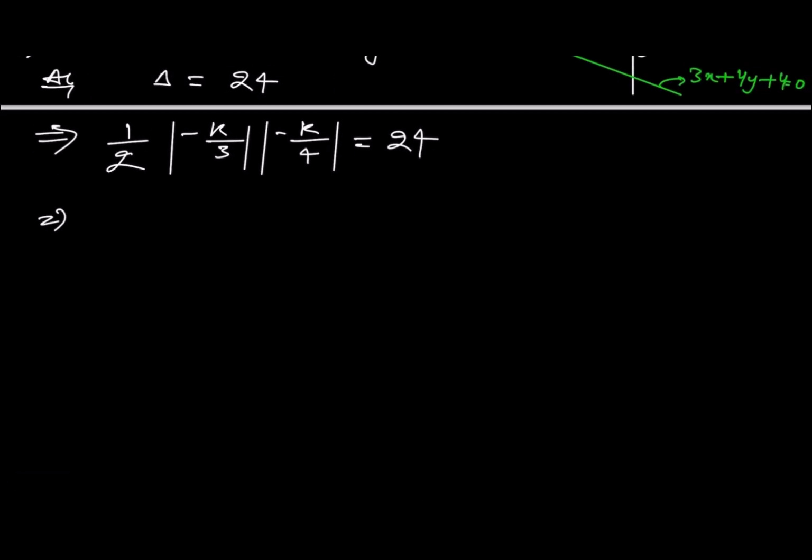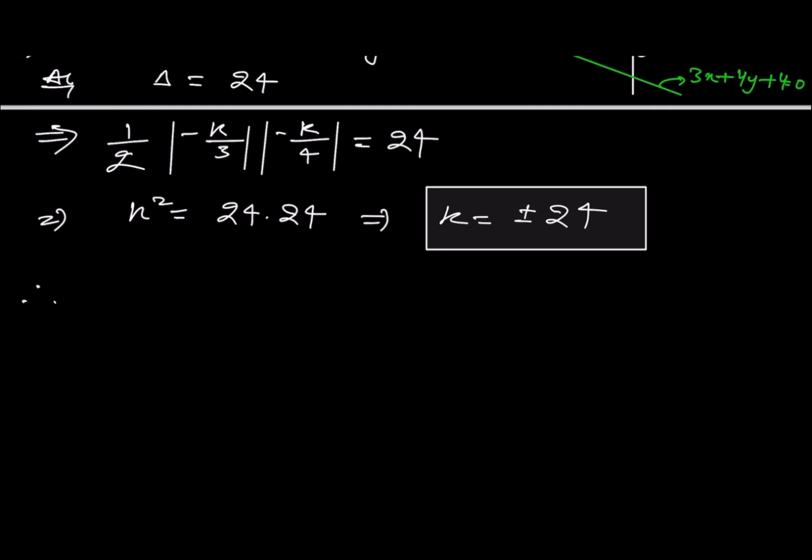is equal to 24. So from here k square is equal to 24 into 24. K square is equal to 576, 3 4 is 12, 2 is 24, 24 means k is equal to plus minus 24.